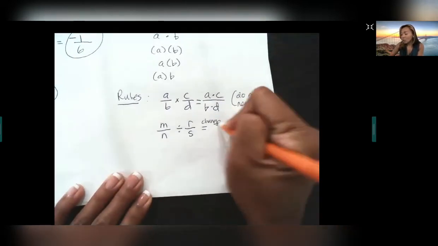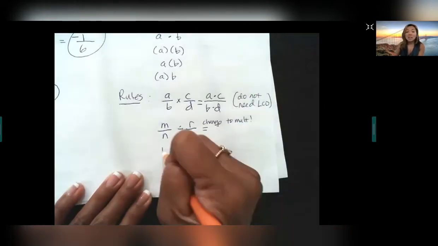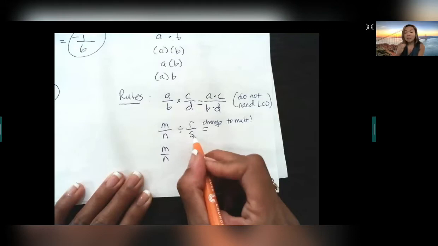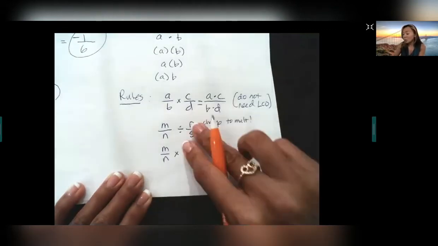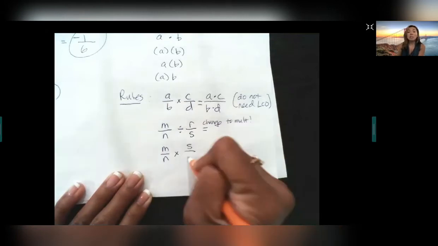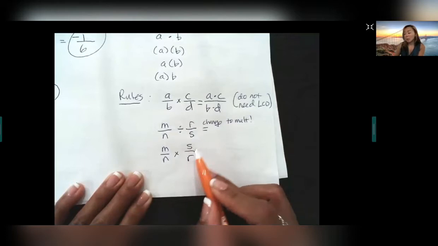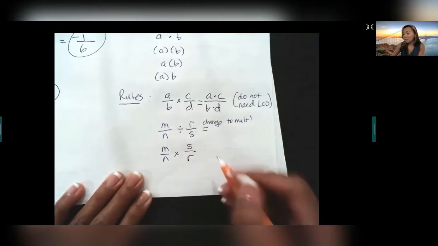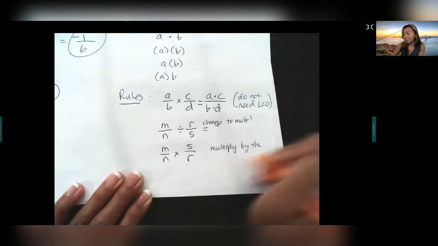So what you're going to do is change the second fraction: M over N times S over R. You flip it over, or in other words, you multiply by the reciprocal of the second fraction. The reciprocal means that you flip it upside down. So you multiply by the reciprocal, which is a fancy word, of the second fraction.